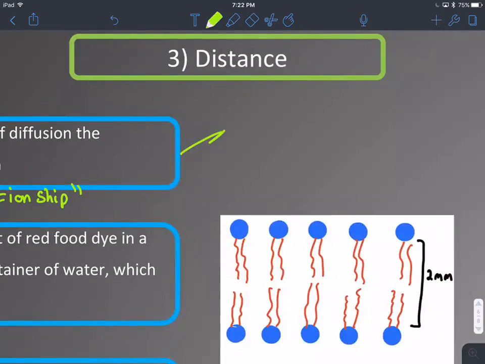That is, as distance decreases, diffusion increases, okay?